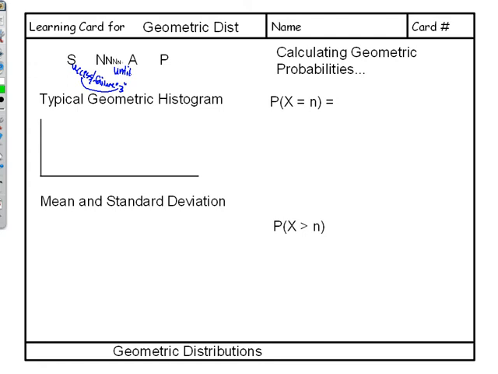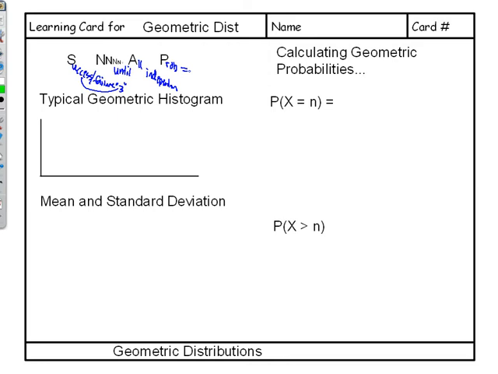In the binomial SNAP, the N stood for N observations. Now N is saying keep going until you get one, so it's open-ended. The A still stands for all have to be independent, and the P stands for the probabilities having to be the same for each random event.